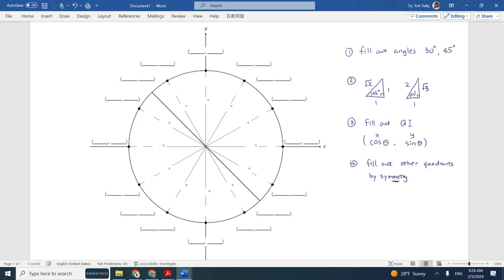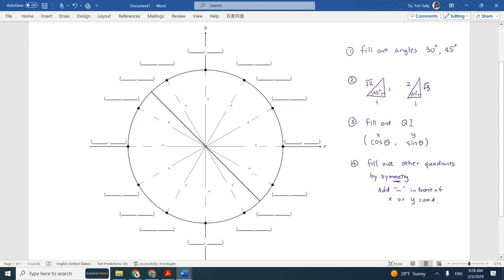What does symmetry mean? You either add a negative sign in front of the x or the y coordinates, depending on the symmetry. These are the rules for how you fill the unit circle. Okay, now fill those out.